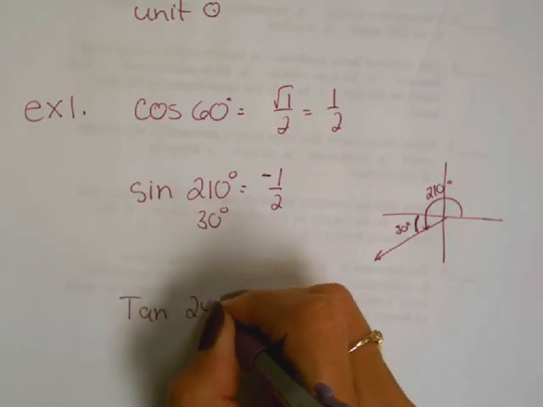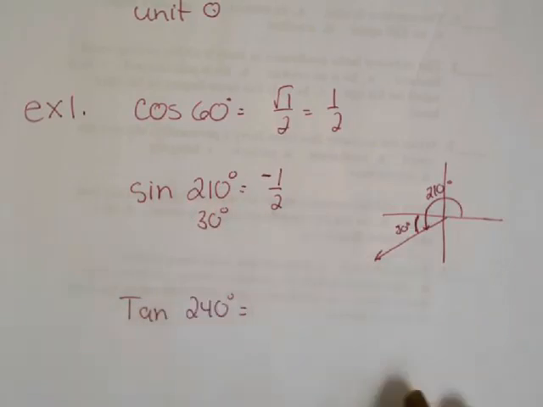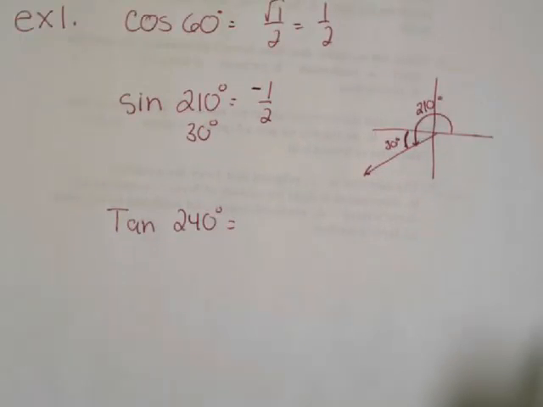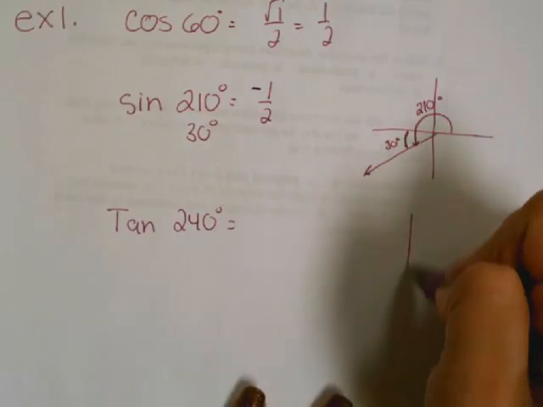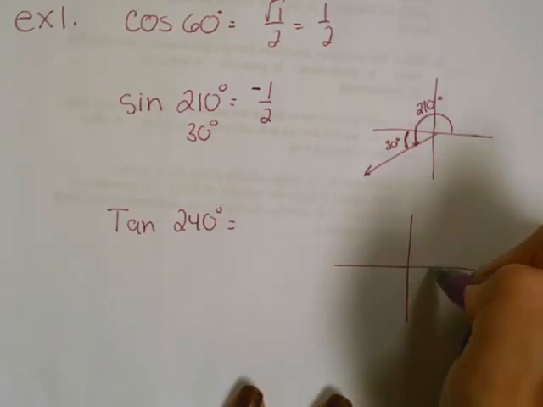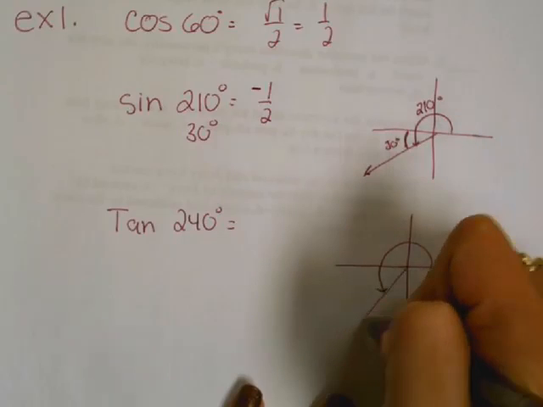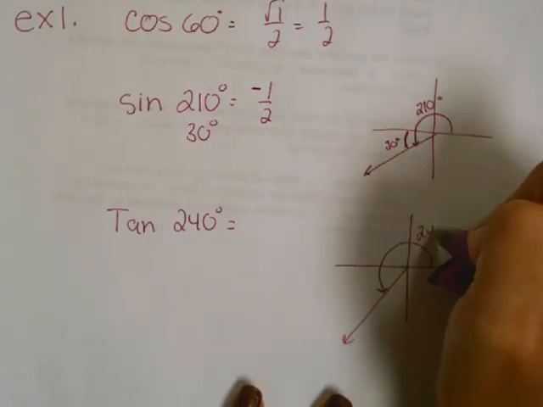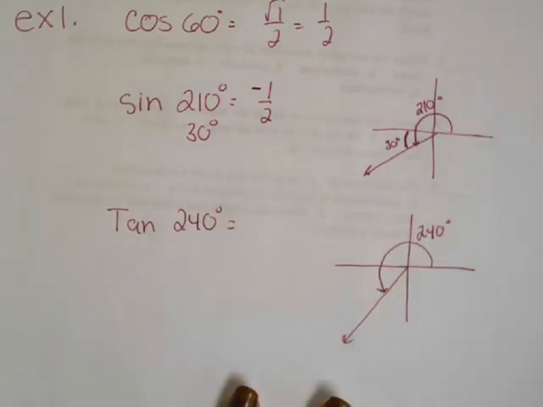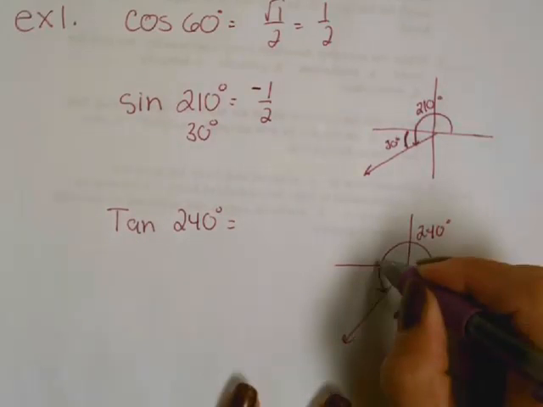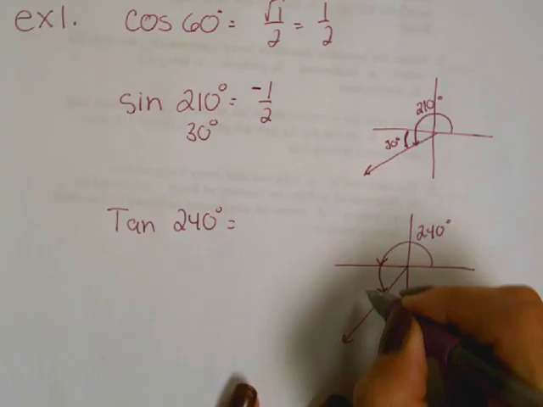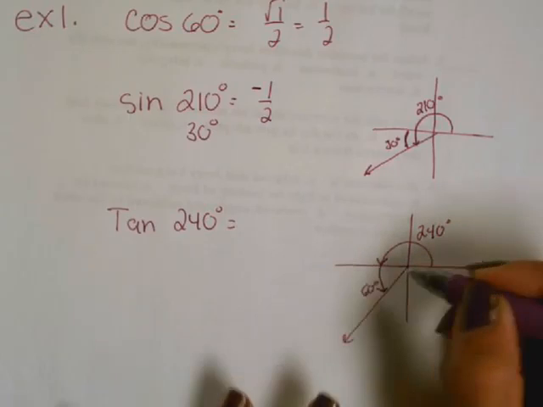240. So again, sketch the 240 if you have to. I would. 240 is coming into that third quadrant. We need a reference angle. What's our reference angle? How much past 180 is 240? 60 degrees.